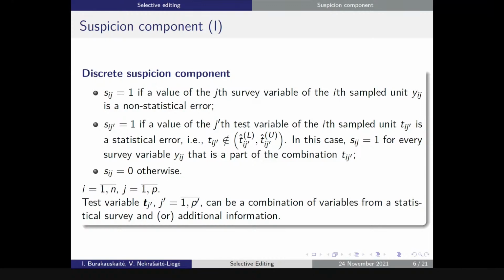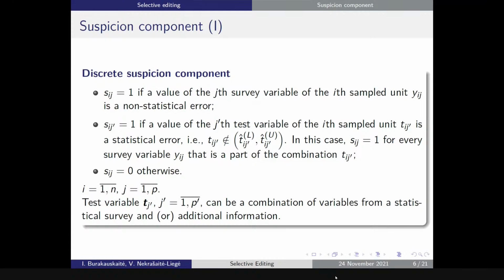And statistical errors could be identified by checking whether a corresponding value of a constructed test variable falls into some chosen acceptance region. And basic test variable could be a combination of variables from a statistical survey or some additional information.